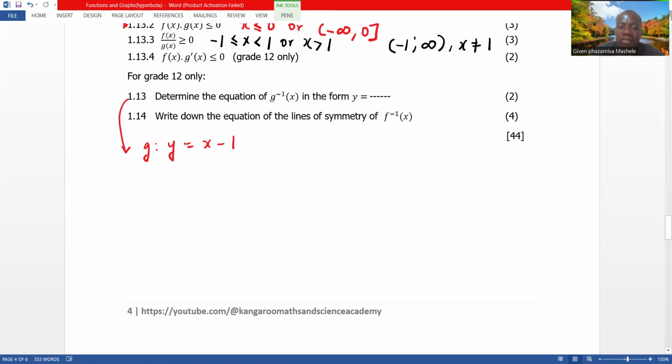So we swap the values of x and y, and we make y the subject of the formula. So this will be x plus 1 equals to y, which means the equation of the inverse of g equals to x plus 1.